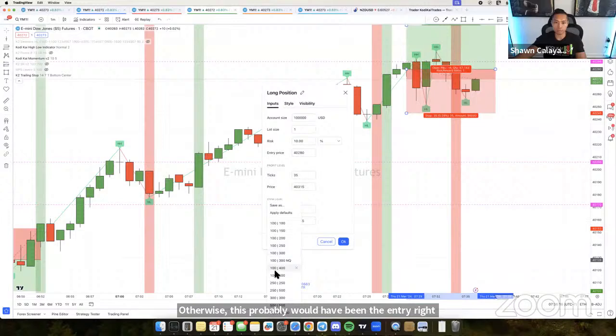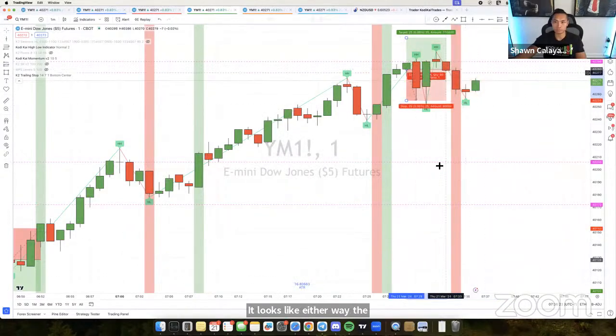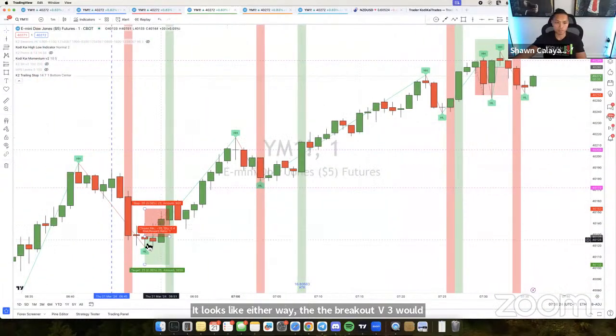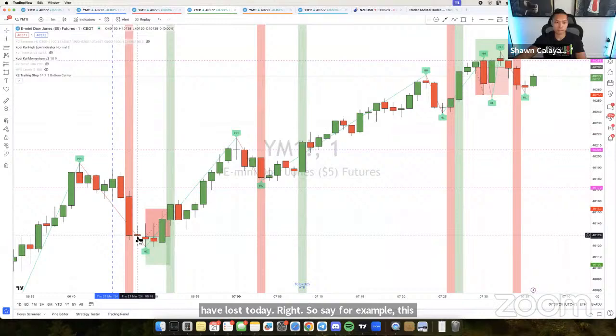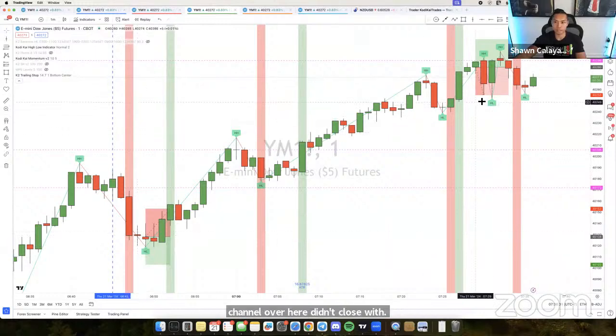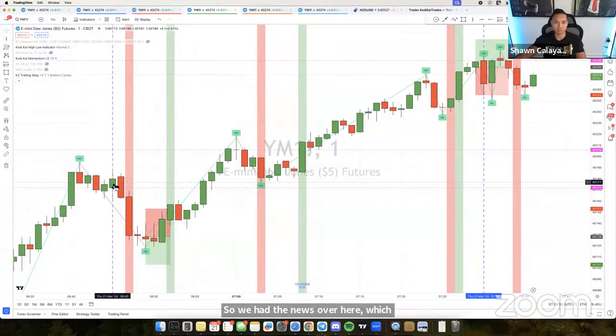It looks like either way, the breakout V3 would have lost today, right? And again, there's another news event that happened here at 7:30. So actually, it's the same thing. We had the news over here, which provided mixed news. As you guys can see, news is negative, news is positive. It kind of went sideways for a bit.